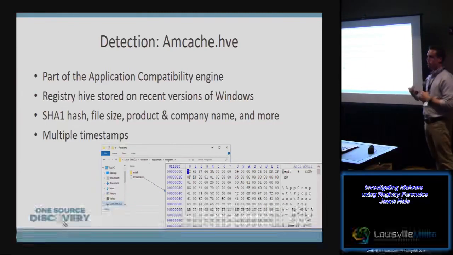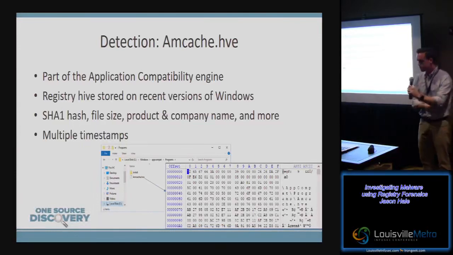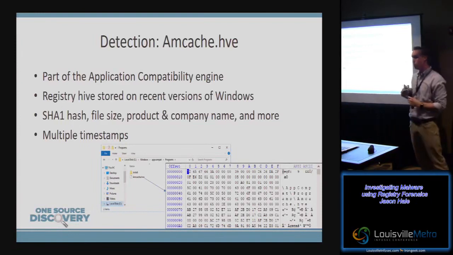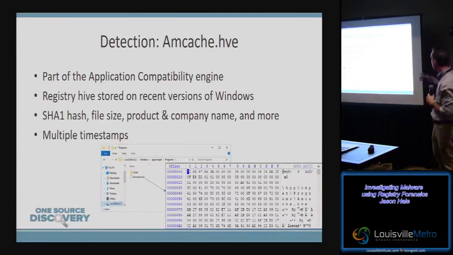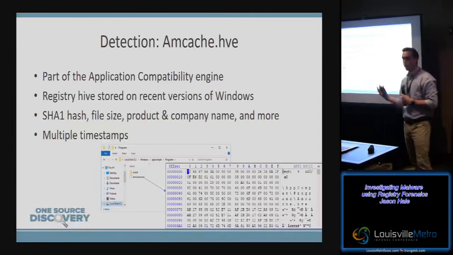It stores a ton of information about programs, DLLs and executables on the system: everything from hash values, multiple timestamps, metadata about the executables, kind of like we saw in the MUI cache, and file sizes. All of that is going to be stored in the mCache.